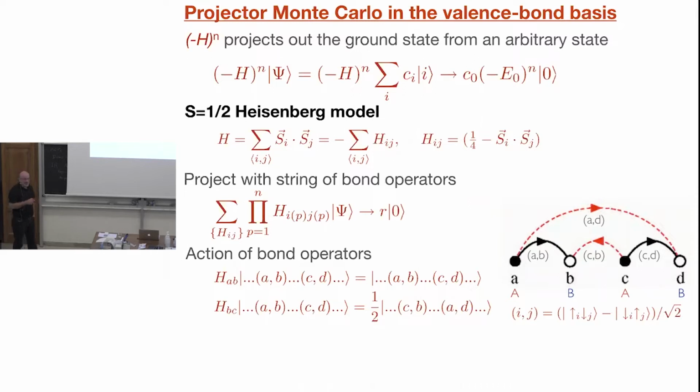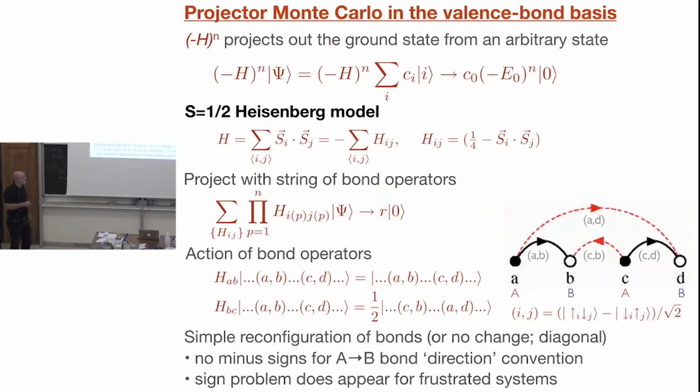But the more interesting thing is if we act between two singlets, like here, then we reconfigure the singlets in the way indicated by these red arrows. We do get the correct sign structure. This is sublattice A to B pointing, and we get a factor 1/2 there. So these are some very simple rules for what singlet projectors do.